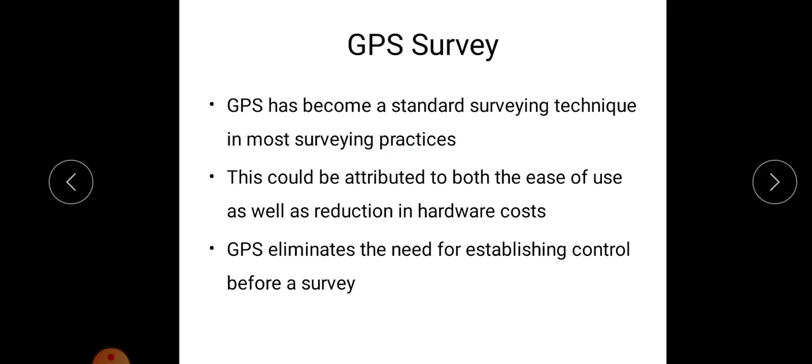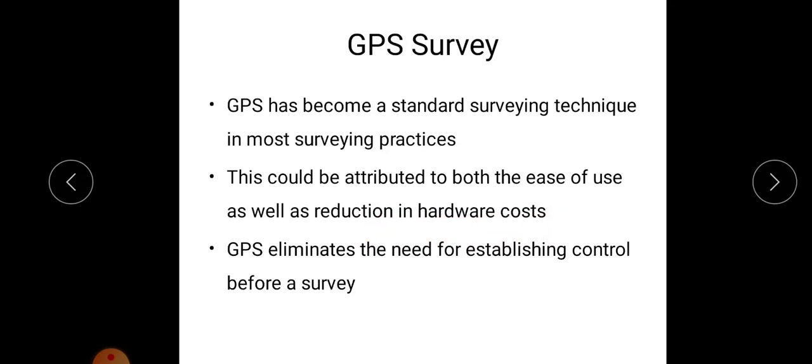But in GPS survey, the GPS equipment we use is very small. Also, we can locate the position of any point within a short time period. It is very easy to use, and there is a reduction in hardware cost compared to our previous surveying methods.